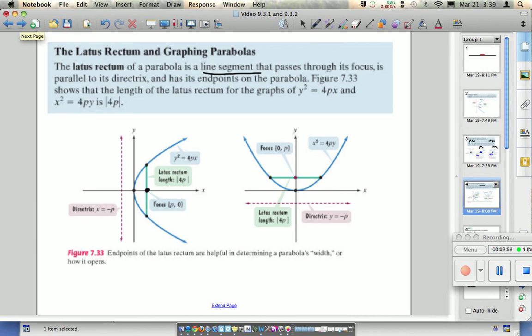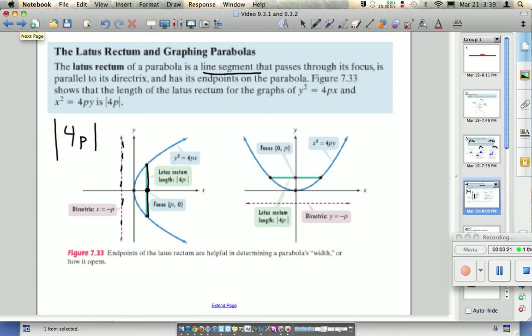So we have this green line segment passing through the focus. It will always be parallel to the directrix, and the endpoints are on the parabola. And what's interesting about the latus rectum is the length will always be the absolute value of 4p.